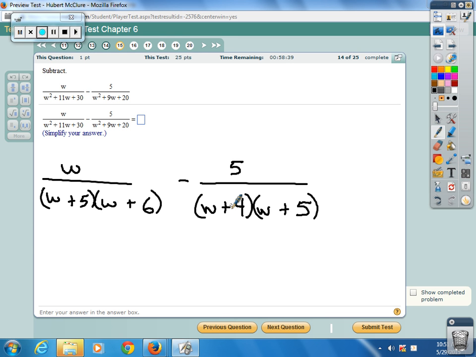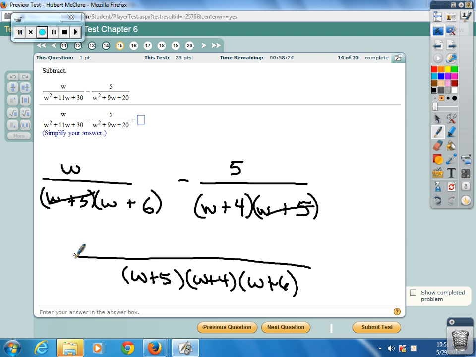So what is the common denominator? W plus 4, W plus 5, W plus 6. Can you have those in any order? Yes. 2 times 3 times 2 is the same as 3 times 2 times 2, it doesn't matter.